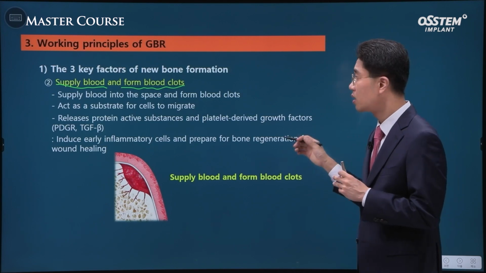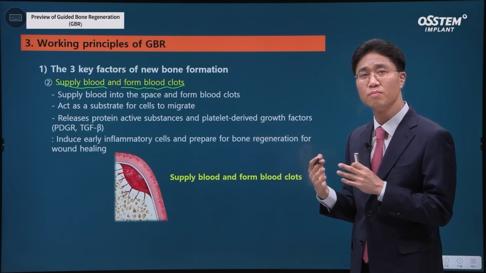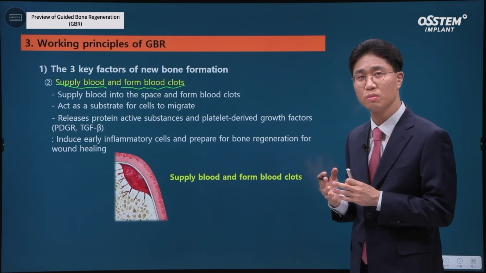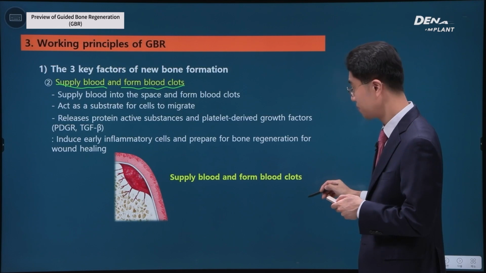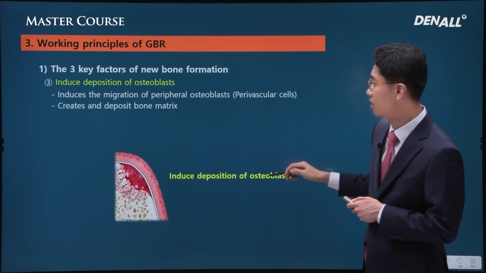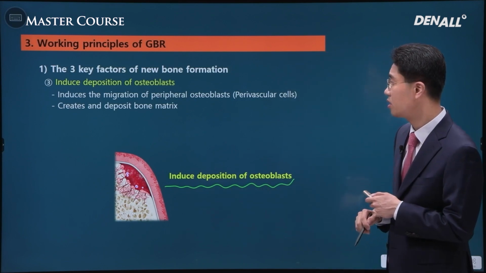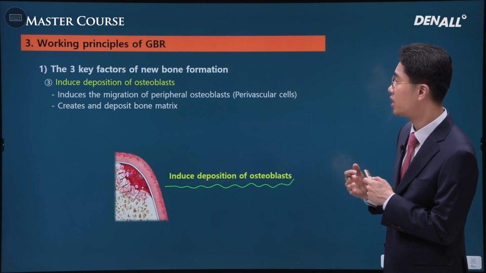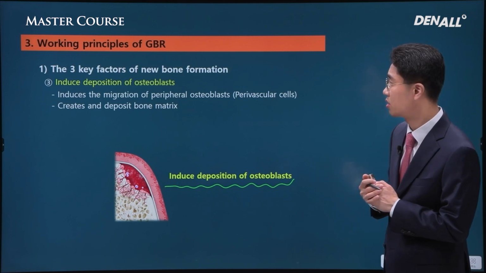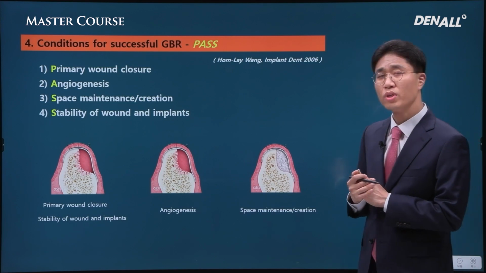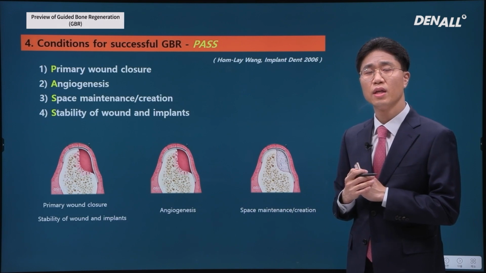This is to allow good blood supply in the defect area. Only then will osteoblast occur. As shown, in order to get good bone regeneration, osteoblast needs to be formed within the defect area to get the desired bone. In doing GBR, the most important principle is this.